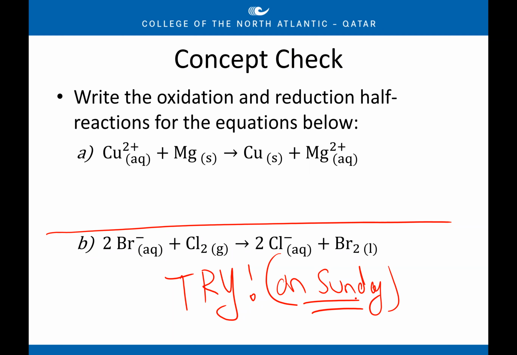But let's just do one, and that way on Sunday, we'll be ready to try B. So first things first, I write the half reactions. And what that means is I'm just going to write what's happening to the copper and what's happening to my magnesium.